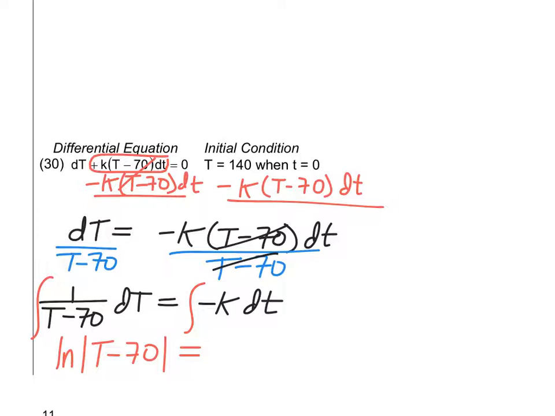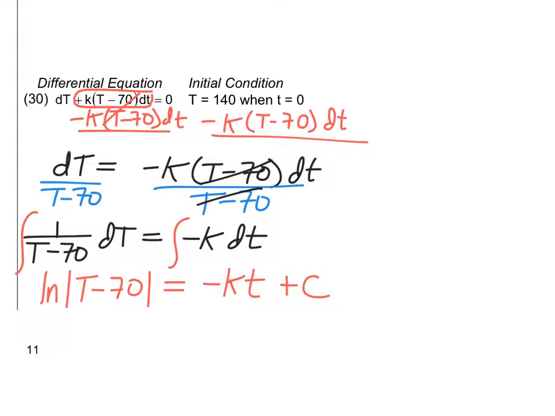Negative kx under normal circumstances, in this case, negative kt, lowercase t, plus c, because there is some constant of integration that would emerge through the anti-differentiation process. All right, we want to solve for capital T. We want to try to clean this up as much as possible before we get into the part where we apply our condition, because ultimately we want to figure out what the c value is.